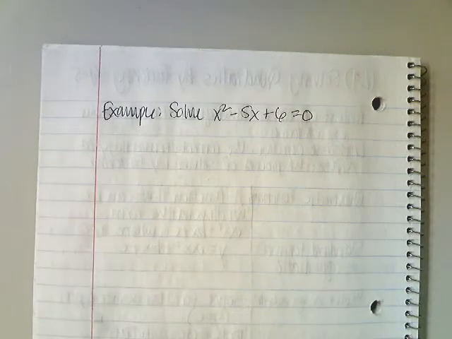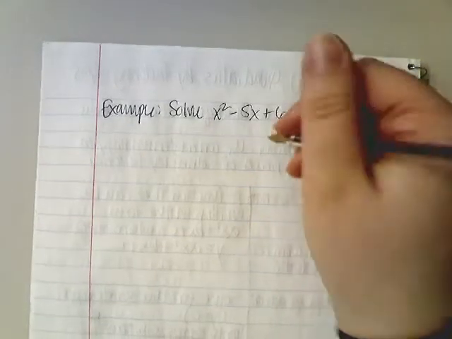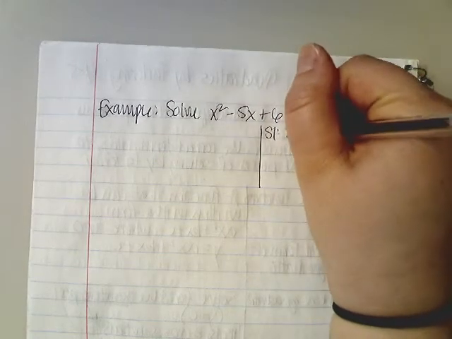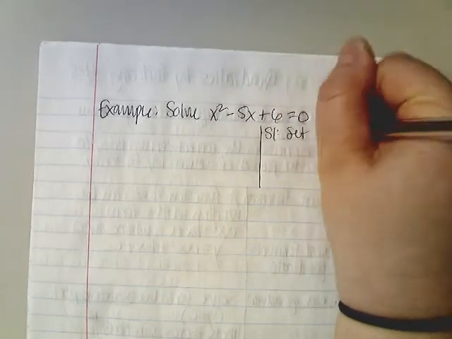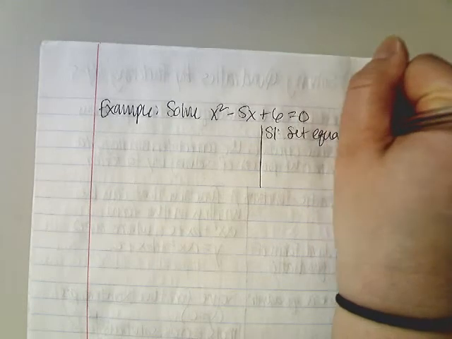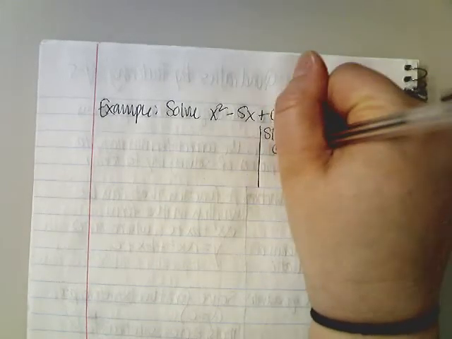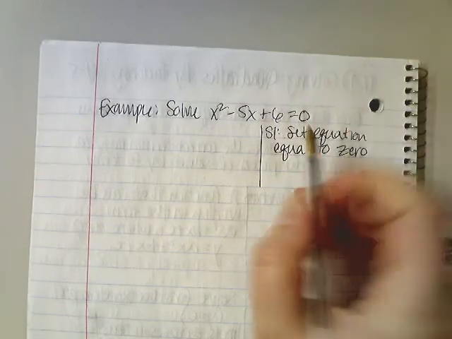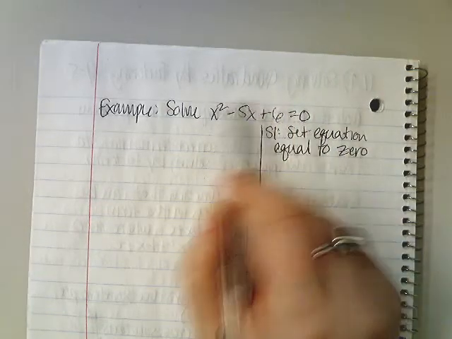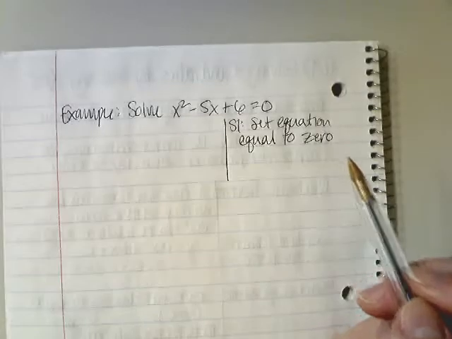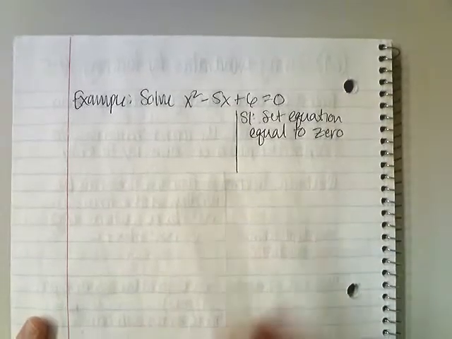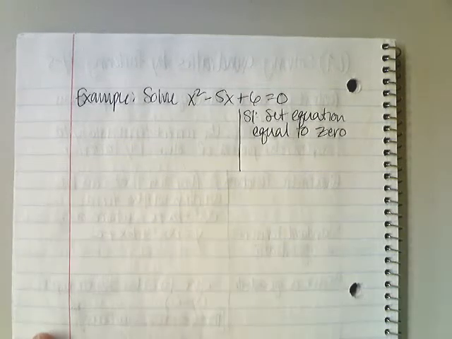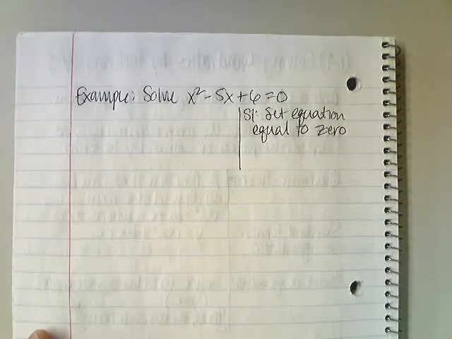So the first thing we need to do, step 1, is set our equation equal to 0. In this problem, it's already done, so we don't need to worry about it. But you can't use zero product property unless your expression is equal to 0. So we first need to make sure our equation is equal to 0.